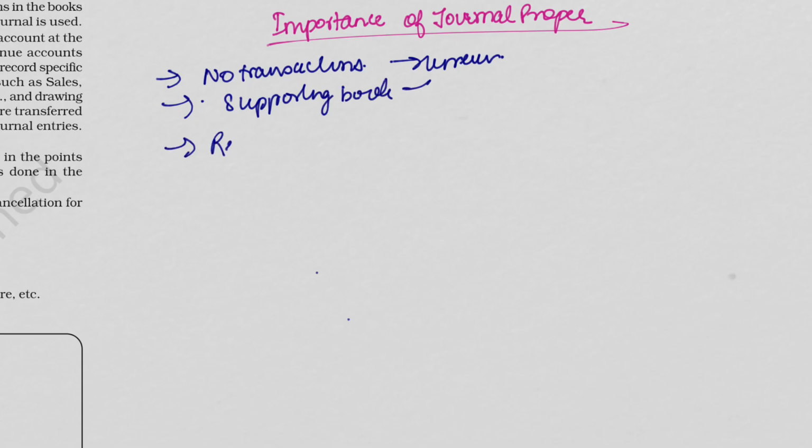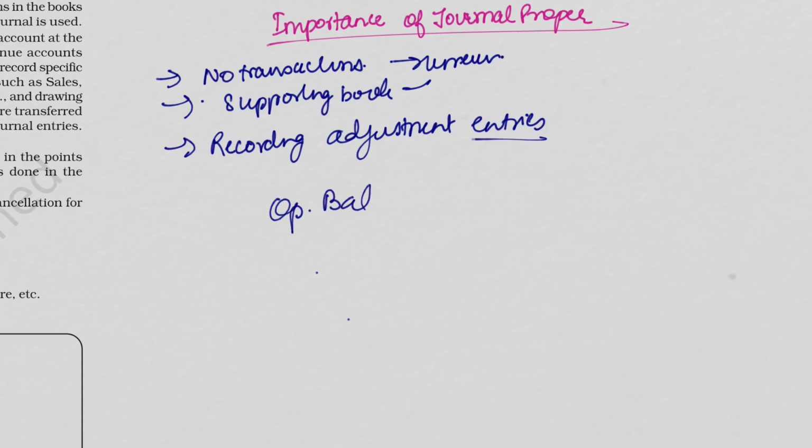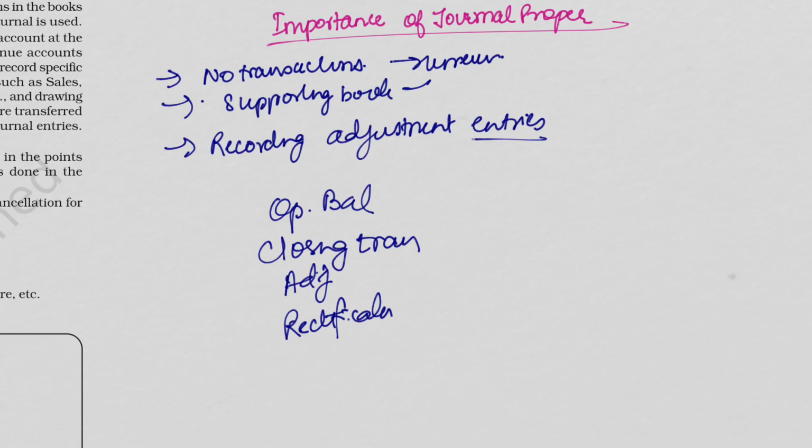It helps in recording the adjustment entries, which are extremely important for preparing the final accounts. So without journal proper, it would not be possible to record the opening balances, the closing transfers, the adjustments, as well as the rectifications. So basically, journal proper completes the system of subsidiary books.